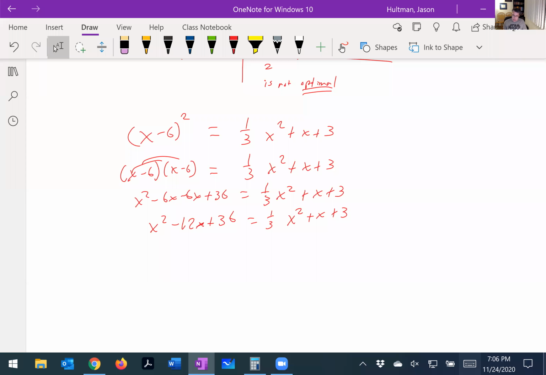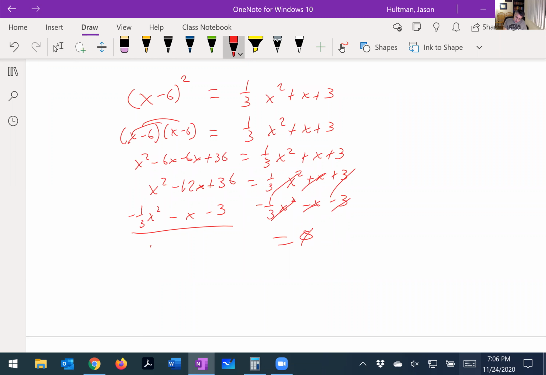It really doesn't matter. Okay, so if I subtract 1/3 x squared, if I subtract x and I subtract 3, I should get it to the other side. Minus 1/3 x squared minus x minus 3. Okay, this all cancels. That's what I want. I want to set that equal to 0. This becomes 2/3 x squared minus 13x, okay, plus 33.